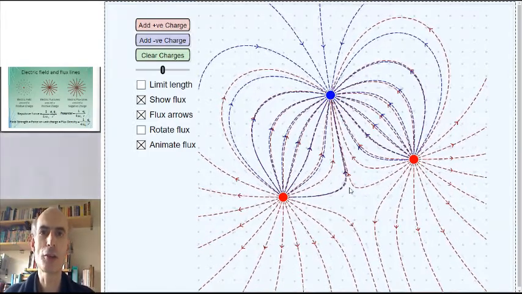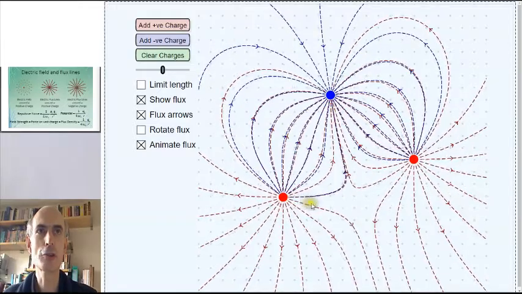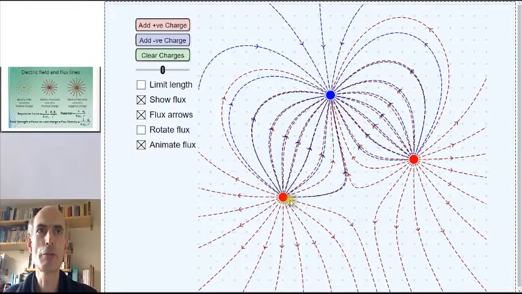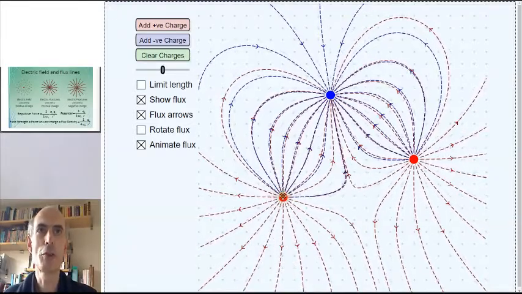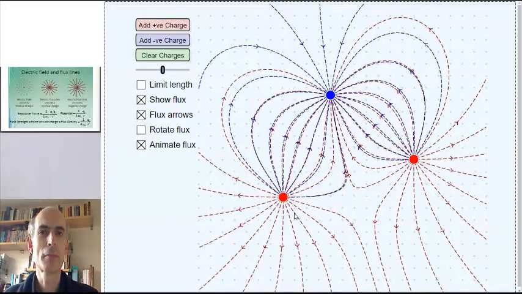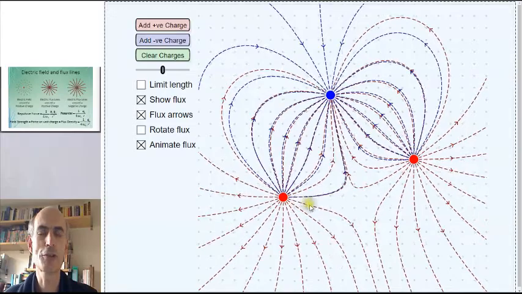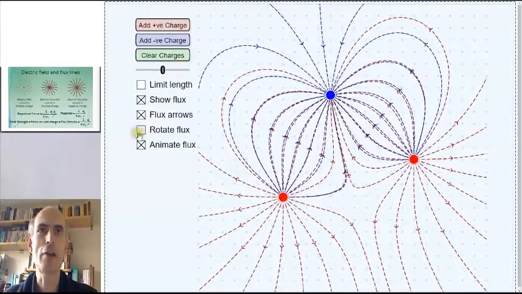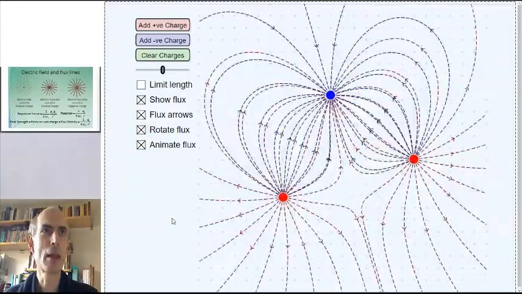I also wanted to try and illustrate that it's not true that flux only travels along flux lines. This is just a way of drawing it. Flux is emerging in all possible directions from these positive charges. And I thought I could perhaps show that by allowing the directions in which the flux lines that I've drawn coming out of the positive charges to vary. And if you do that, you get this kind of thing.